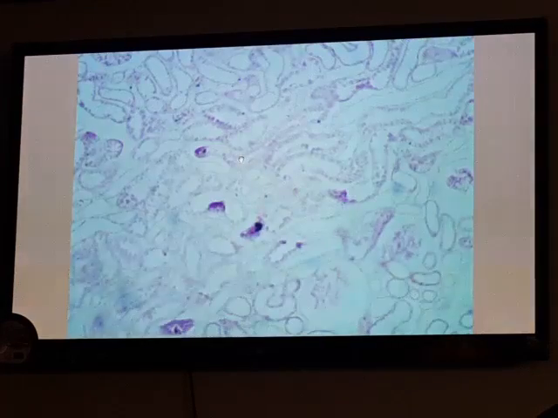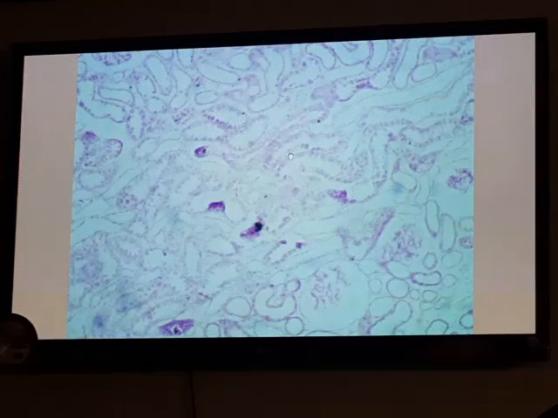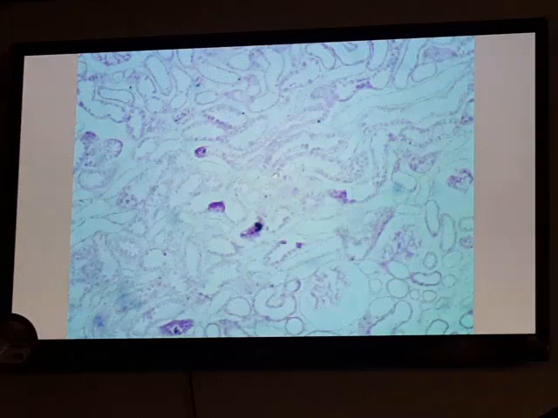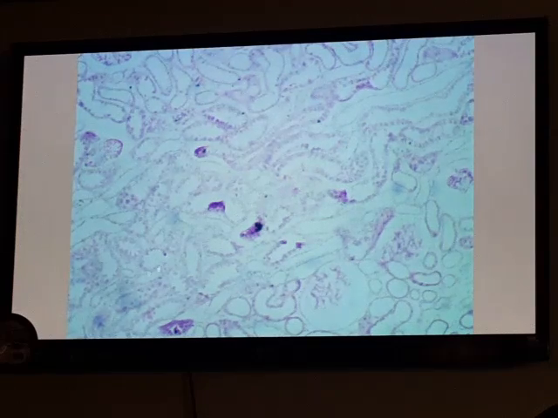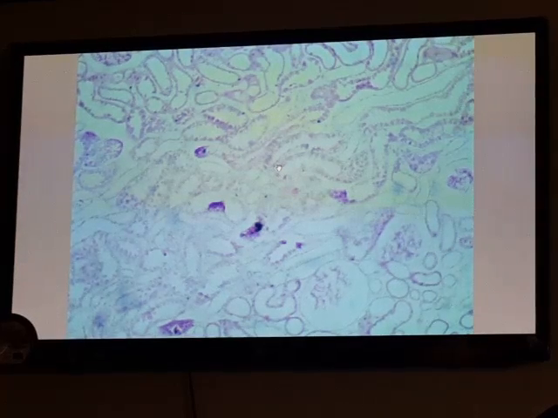In this slide, we will demonstrate the medullary rays. Medullary rays are collecting tubules that extend from the medulla toward the cortex. You want to see these: all of these are collecting tubules we call medullary rays. They extend from the medulla to the cortex. Around them we see renal corpuscles. If we show you this in the exam, these are medullary rays, and the stain is PAS, periodic acid Schiff reaction.